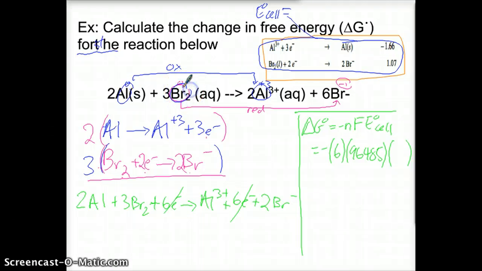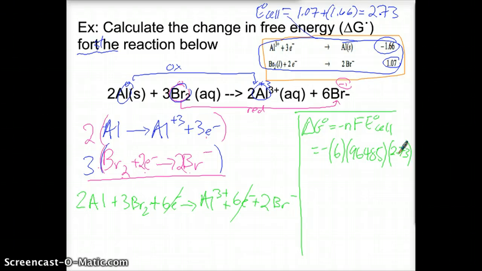We said the bromine. So 1.07 plus negative 1.66, flip the sign, 1.66. That's going to give me a voltage of 2.73. So now I can plug my voltage in here, 2.73.